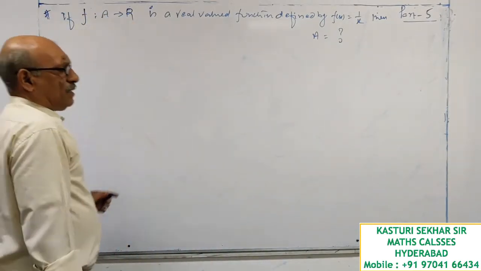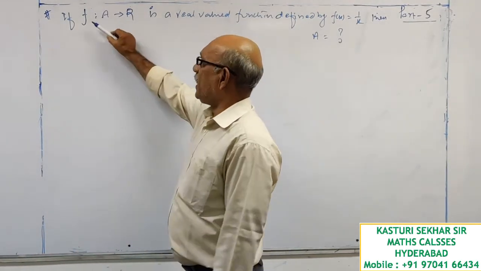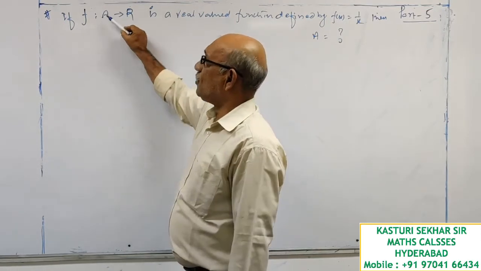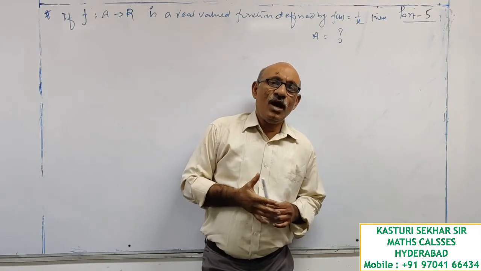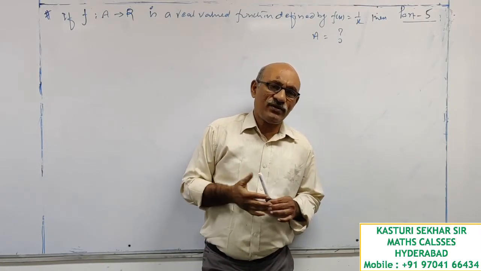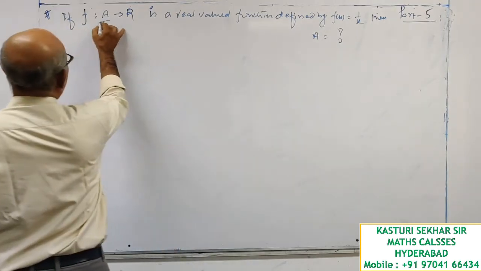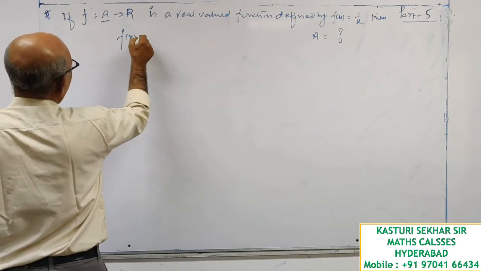Now look at the mathematical way of expressing the question. f is a function from A to R. Now you have to calculate what values I can supply for x. The function is given as 1 by x. So the input you have to calculate. f of x is equal to 1 by x.